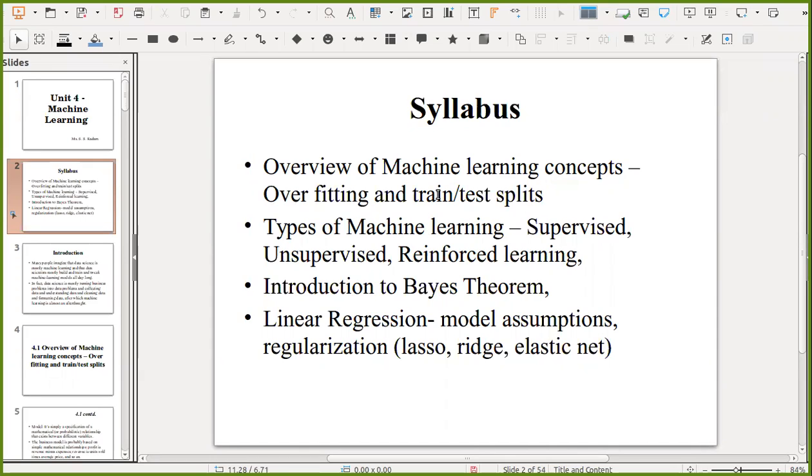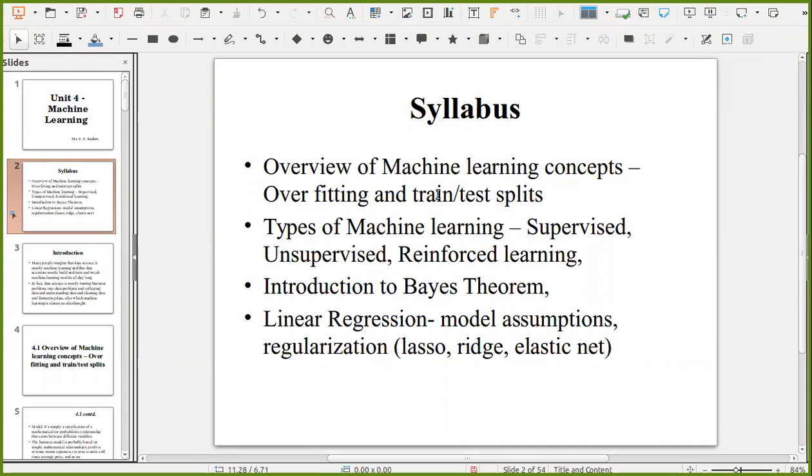Next, we started with the types of machine learning, that is supervised, unsupervised, and reinforcement learning. In supervised learning, we already have labeled data, train and test data, and based on that we decide. Supervised learning means that we supervise the model, whether it works with the trained data, and if so, then we apply it to the test data. In unsupervised learning, we don't have any labeled data. All data is unlabeled, because of which we have much more freedom to use the required parameters.